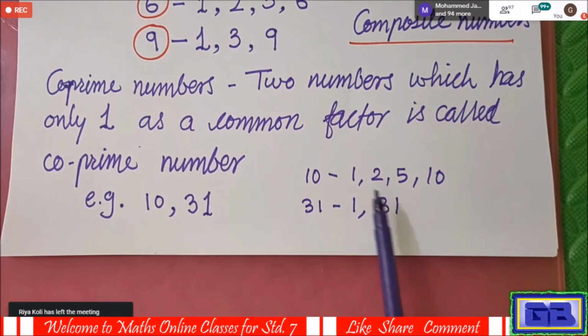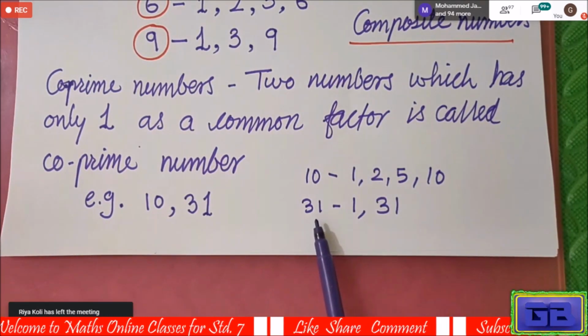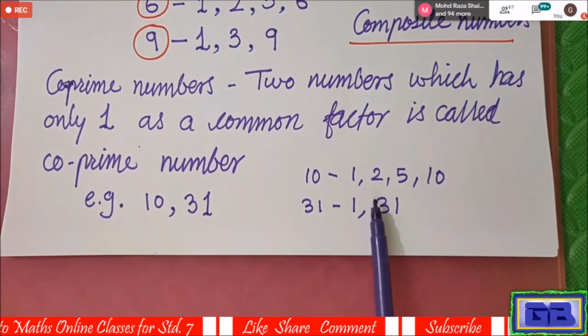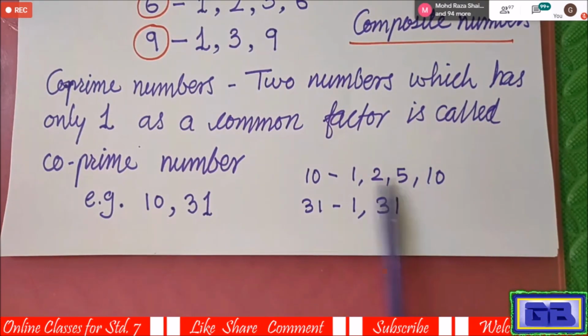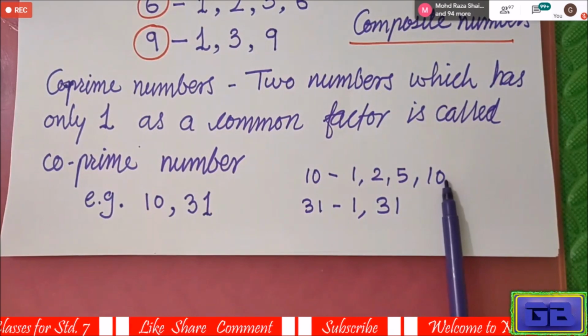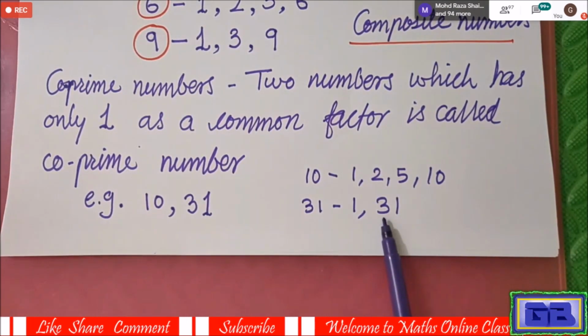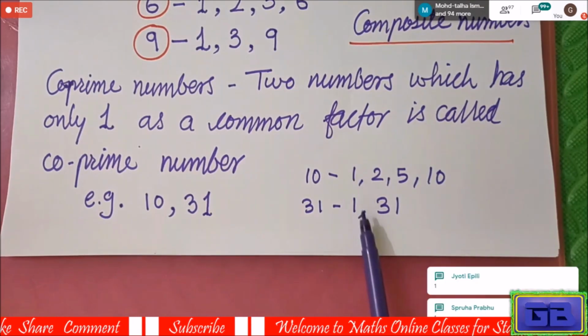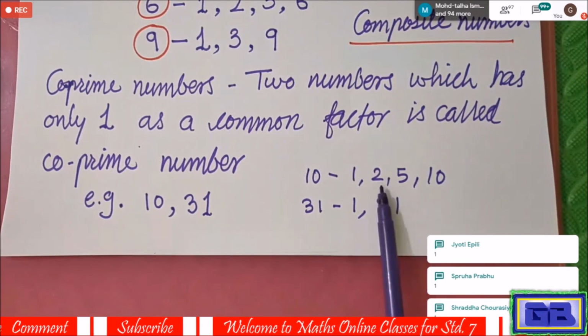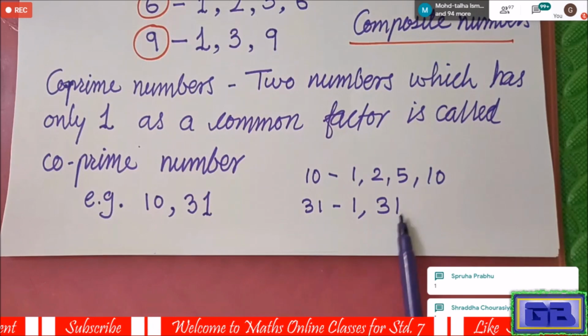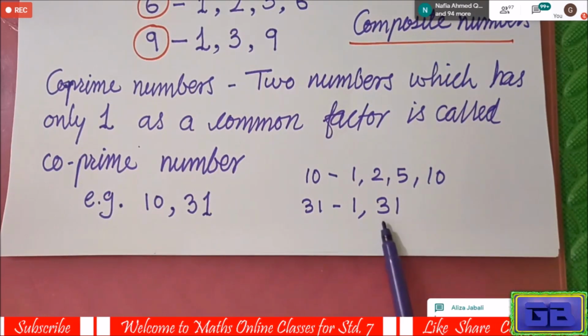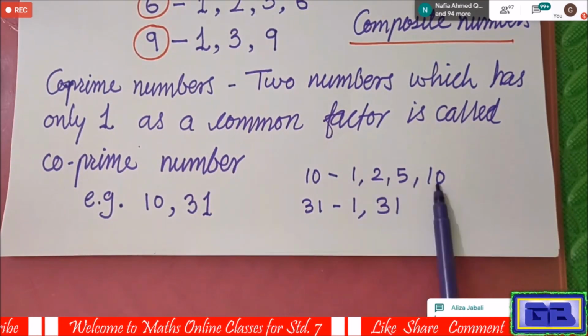Compare these factors of 10 and 31. How many numbers are the same here? 1. Upper row and lower row. Yes, here is 1 and here is 1. Here is 2, there is no 2, no 5, no 10. Or here 31, there is no 31.